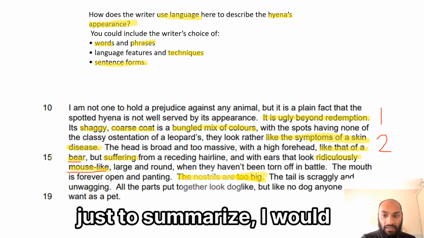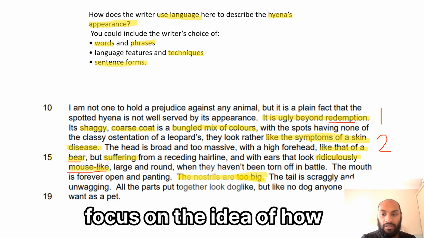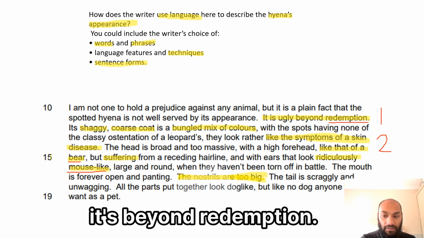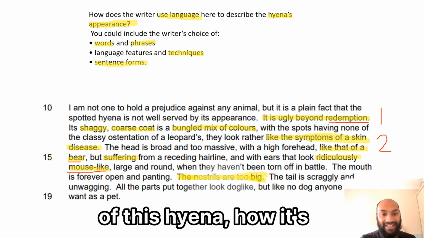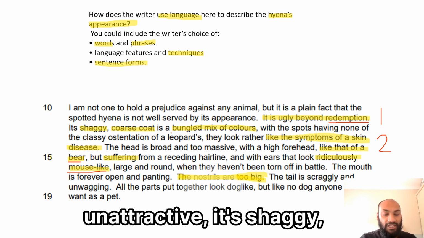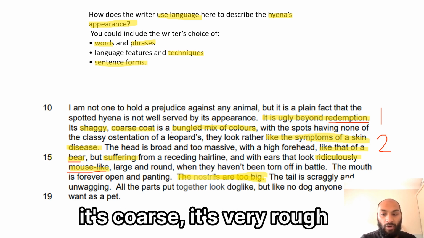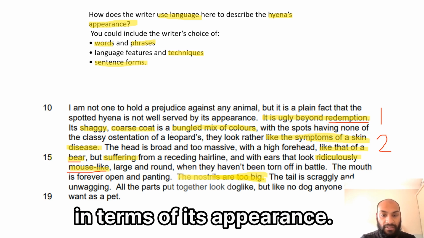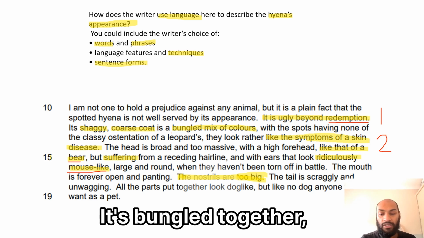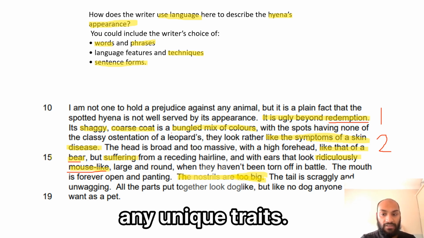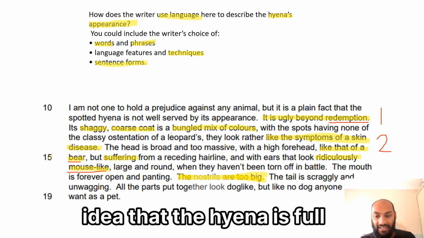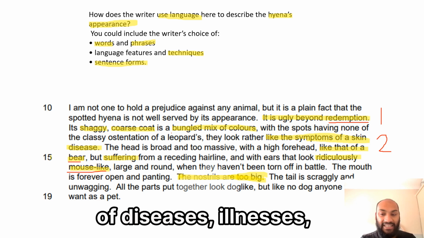Just to summarize, I would focus on the idea of how it's beyond redemption. Not even God is pleased with the appearance of this hyena, how it's unattractive, it's shaggy, it's coarse, it's very rough in terms of its appearance. It's been bungled together, so it doesn't have any unique traits. Then we come to the idea that the hyena is full of diseases, illnesses.